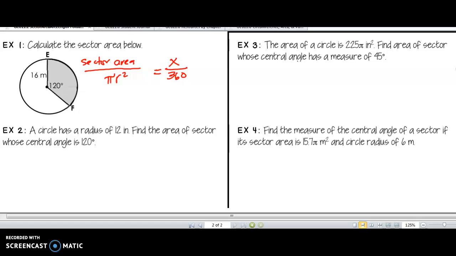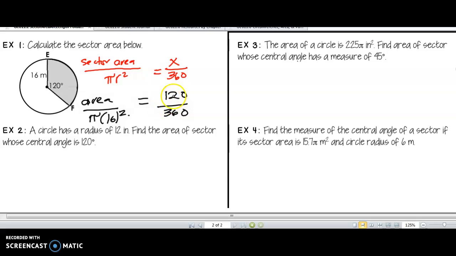The sector area is what we're looking for. So let's write area over the area of a circle, which is pi, substituting 16 for the radius, equal to x, which is the central angle, so that's 120 over 360.